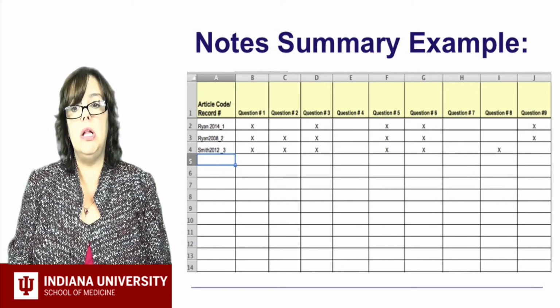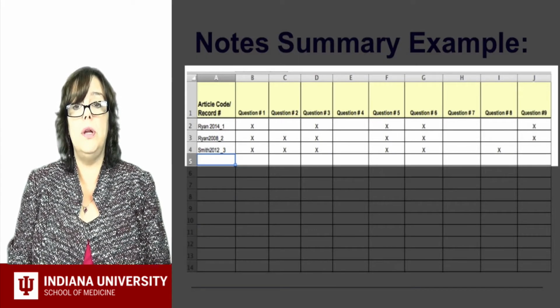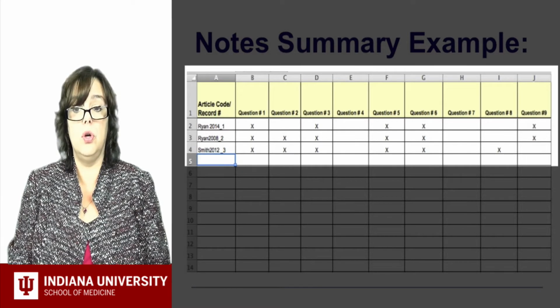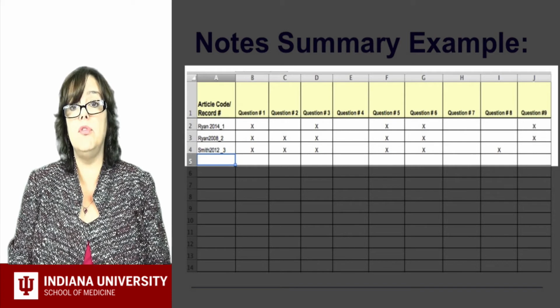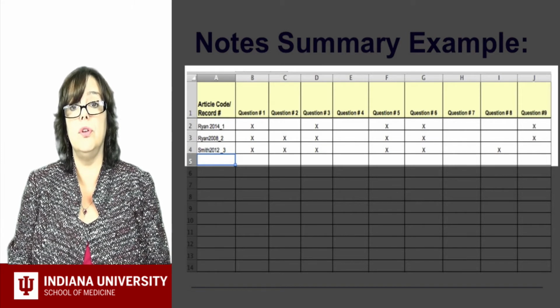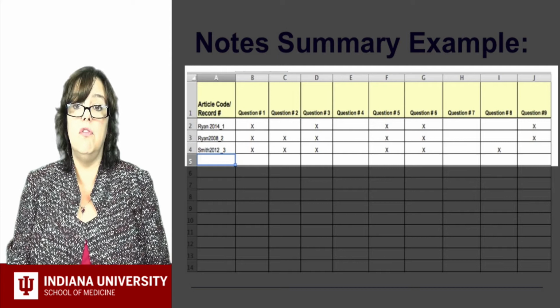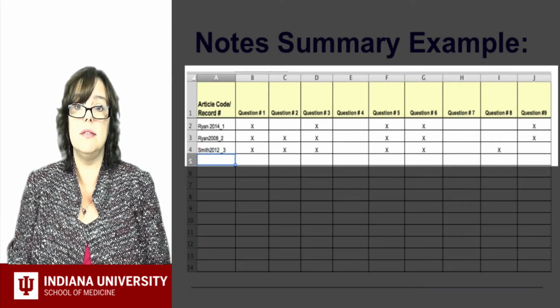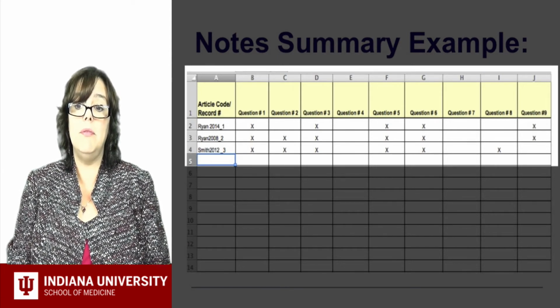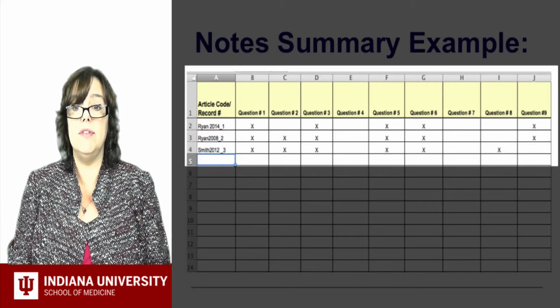Here is an example of how that might look. So you would add a column for all of your articles, you would have article codes, and then you would add columns for every question you have that drove your literature review. Put an X in the column where the article answers a question. So for example, question number 4, no one has addressed, but a lot of people have addressed questions number 5 and 6.